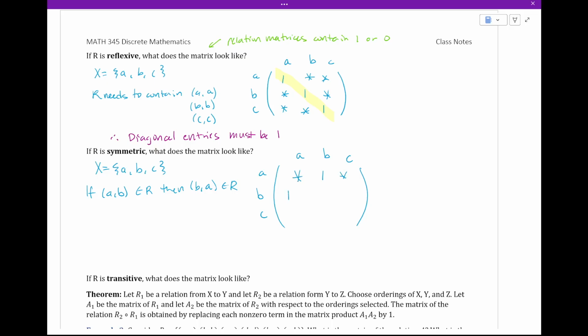The rest can be whatever. If AC was in R, then CA would have to be in R. That would be this one down here.